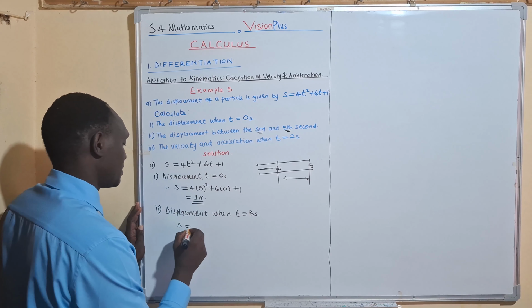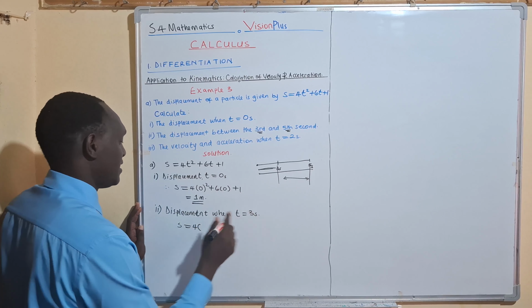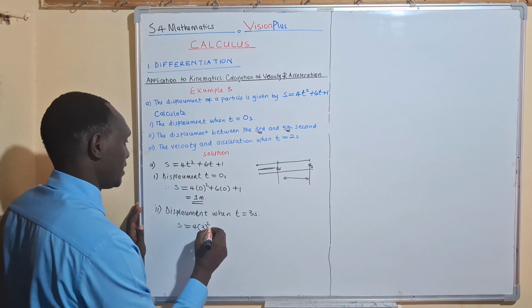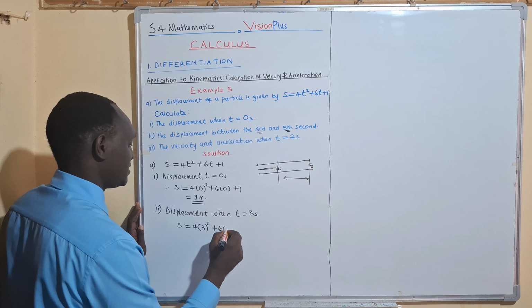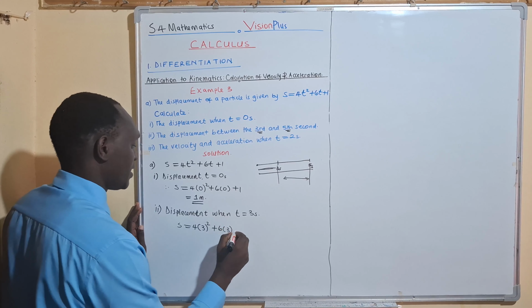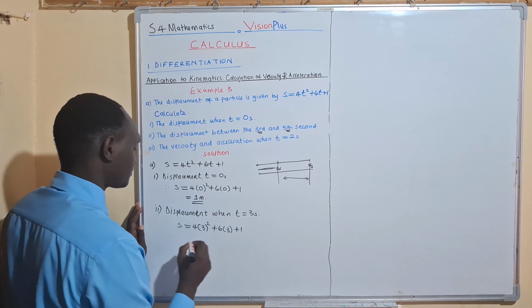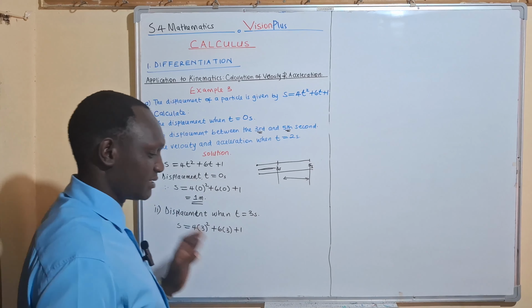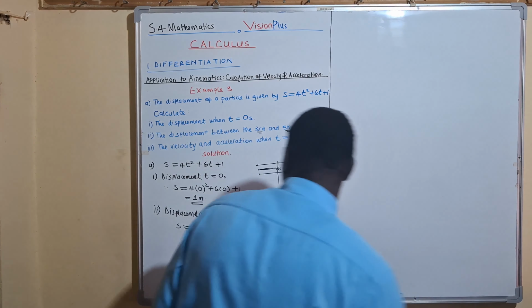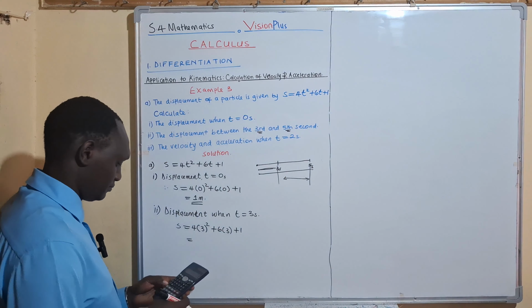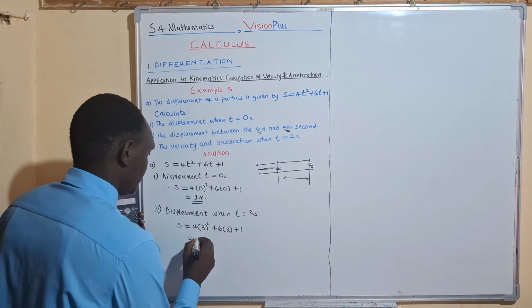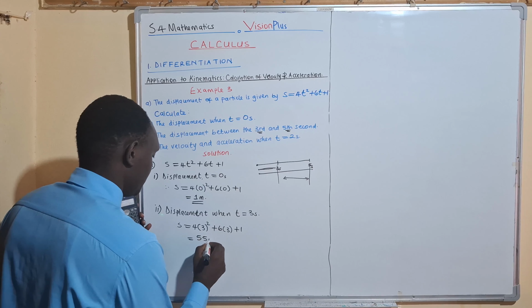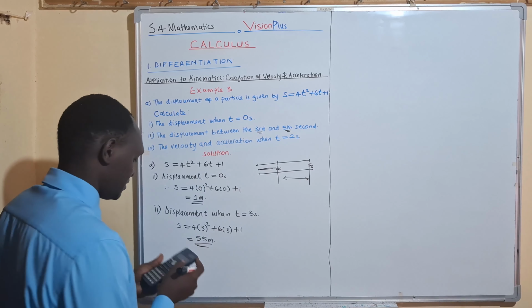So displacement S becomes 4 times 3 squared plus 6 times 3 plus 1. Then we simplify. This is 9, 36, 37 plus 18, 55, 55 meters.